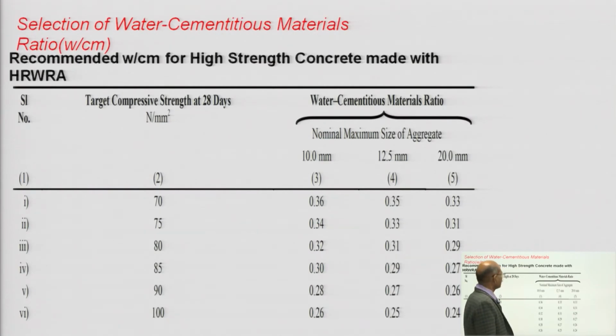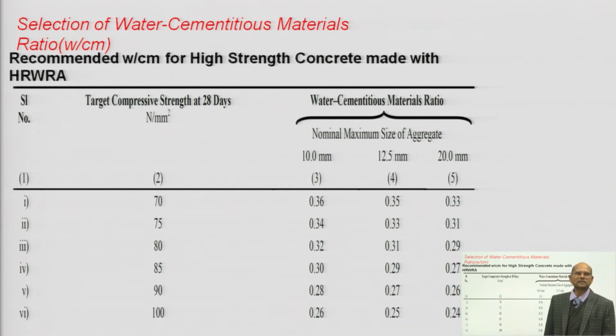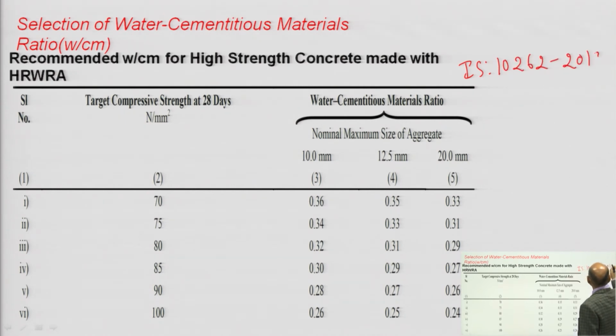Then we have selection of water cementitious material ratio. For that, see this table that is recommended in IS 10262:2019. This table has been taken from there.